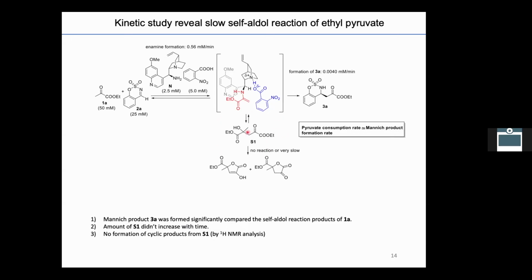Usually this compound, the homoaldol product, transforms to other cyclic products. We didn't find any trace of these molecules either. So we are hypothesizing that maybe this molecule can form in a very small amount, but it is in equilibrium with the transition state, giving back one monomer of ethyl pyruvate to the reaction so that it could go to product formation.